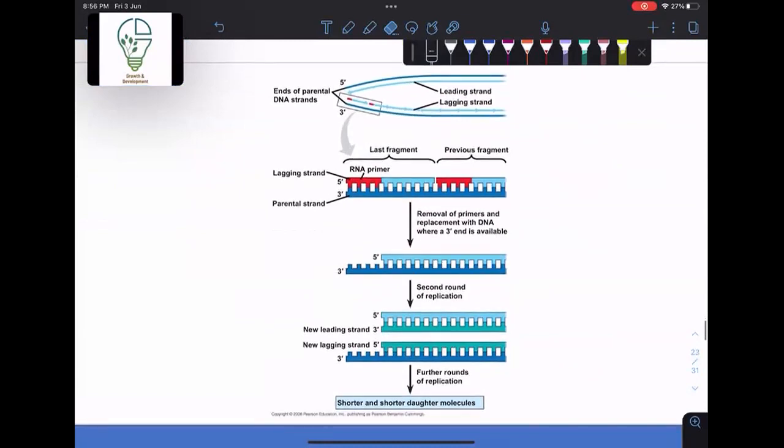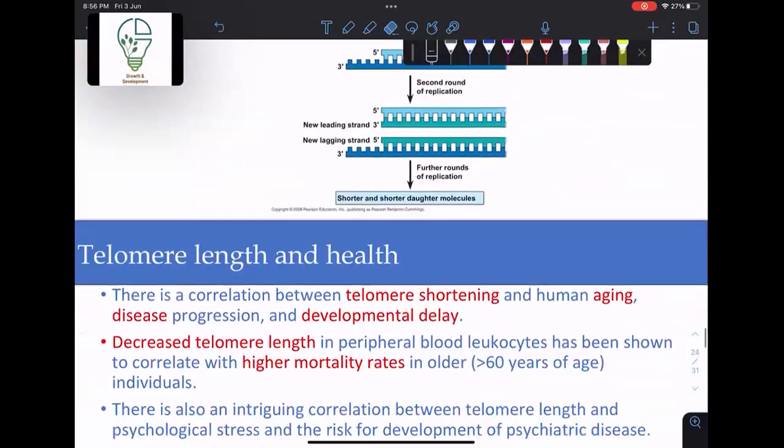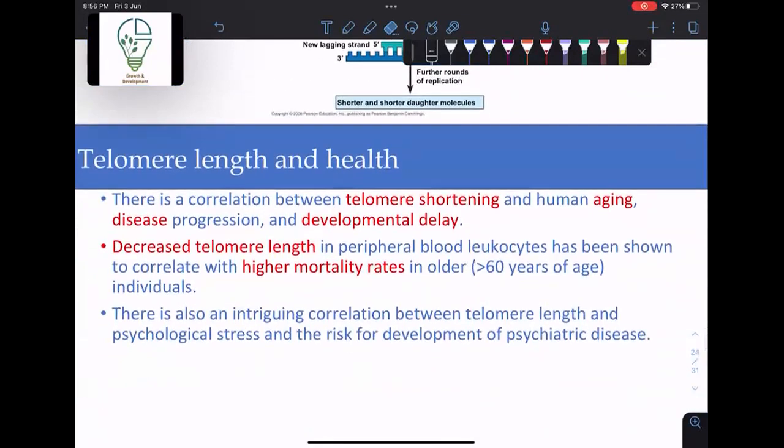So this is the whole thing that we just discussed, summarized. It's the same thing I just told you, that telomere shortening has a correlation to human aging and developmental delay.